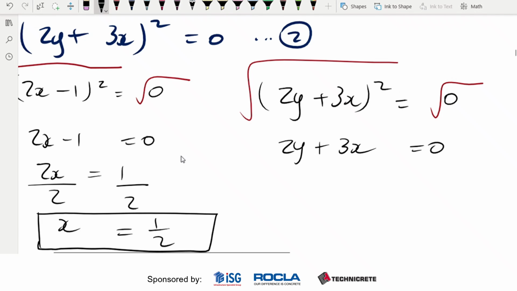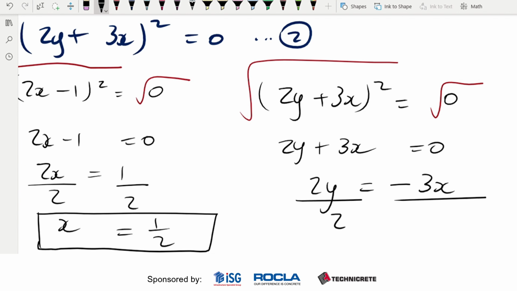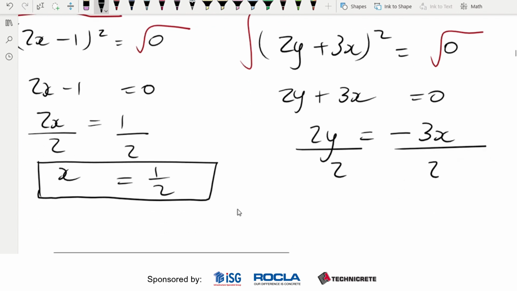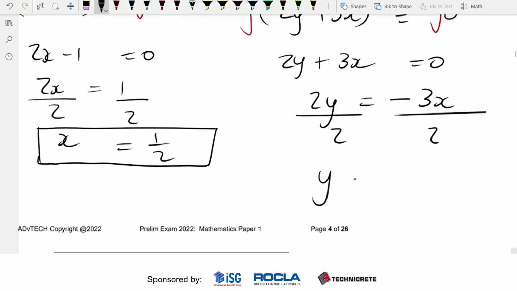Now remember, we're trying to find y alone. So we're going to take 3x to the other side of the equation. So we're left with 2y is equal to negative 3x. And to find y alone, we'll divide both sides by 2. And we find that y is equal to negative 3 over 2 x.